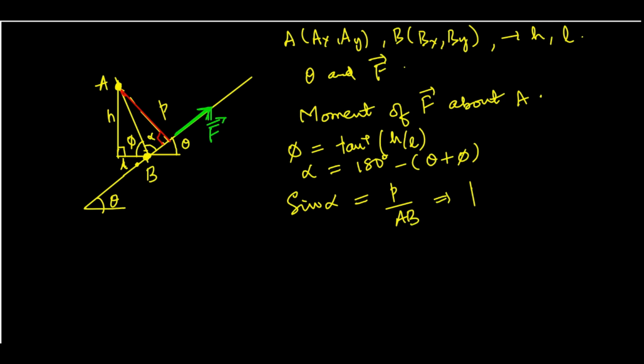So your distance, perpendicular distance P is AB sine alpha. So now your moment is F times P, magnitude of F times P, and so you do this and find the perpendicular distance.